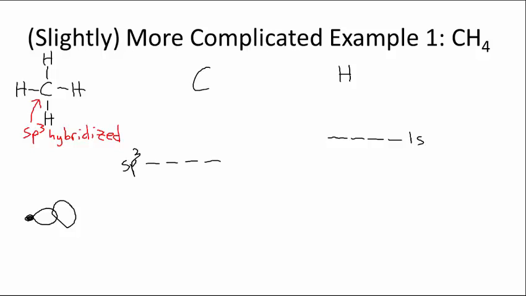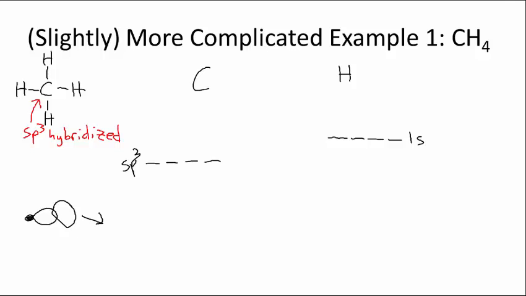So if I combine those two orbitals, right now have I drawn them in phase or out of phase? How do you know it's in phase? They overlap and they're both unshaded where they're overlapping. So when I do this, I would make a bonding orbital.